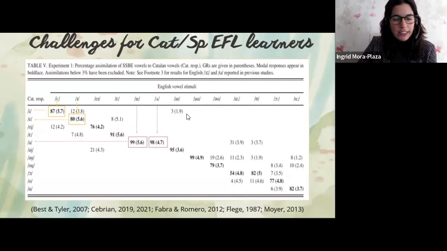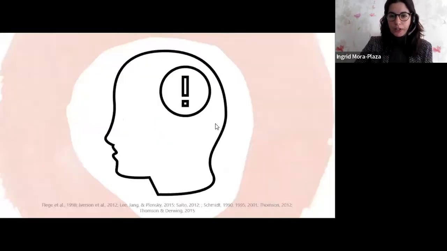So the following sound positions that I'm showing carry high functional load. English ash and wedge are very strongly assimilated to our Catalan a, and the phonological contrast e is also very challenging because tense e is always perceived as Catalan e, but lax e can be assimilated to Catalan e or e. So as you can see, it's very hard for them to acquire.